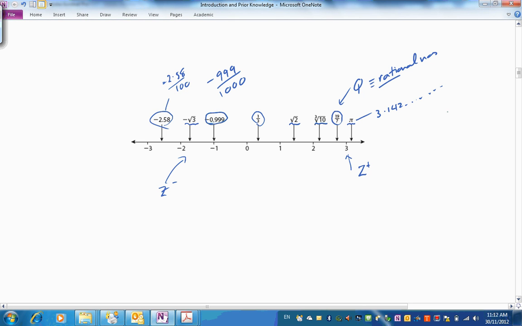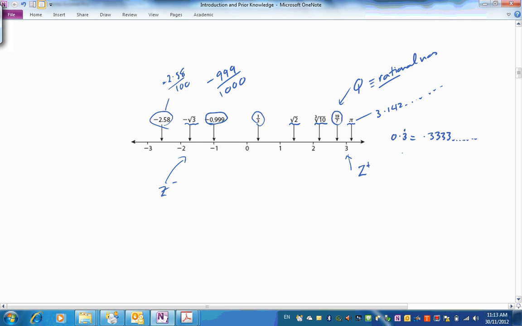Some numbers that are decimals, like if you took, for example, 0.3 recurring, that's 0.3333. You might say, well, that doesn't stop, that can't be rational.